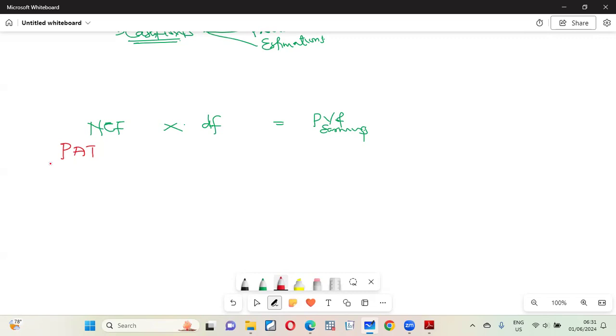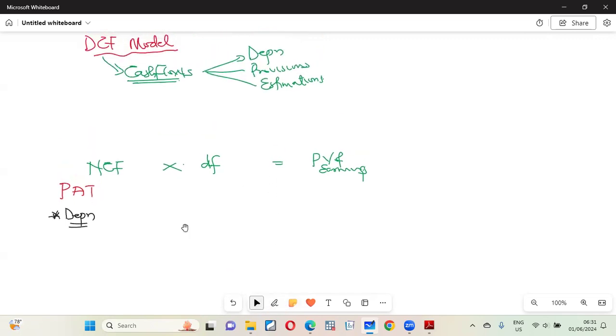But the danger in this determination of profit after tax is the concept of depreciation. When you are using discounting cash flow, depreciation is not a cash flow, so you need to ignore it. If before arriving at the profit after tax, the company deducted depreciation, you have to add the depreciation back so that it cancels off.